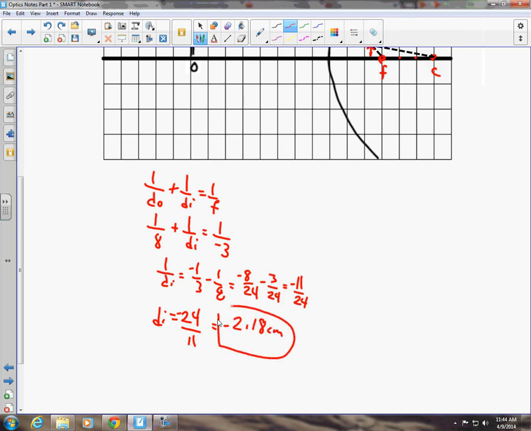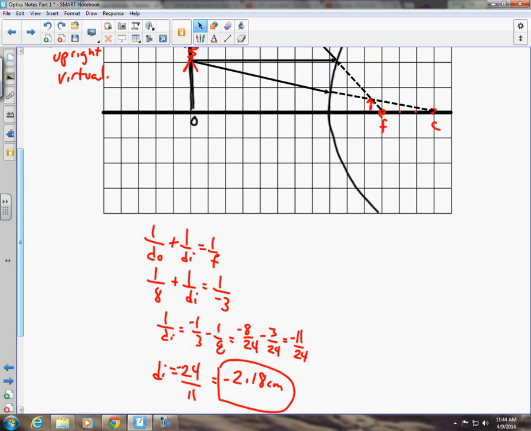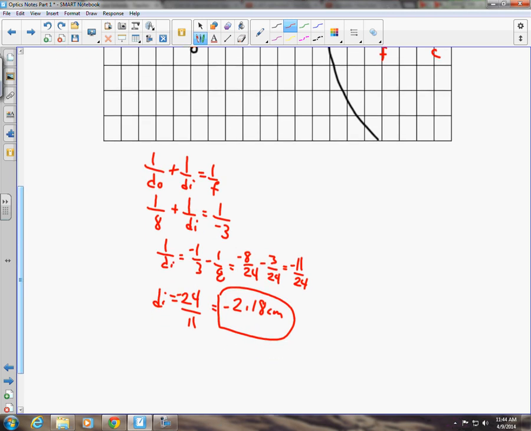centimeters. And if I look, we're always measuring from the mirror. So from the mirror, here's the mirror, it's 1, 2, a little bit more than 2 away. So -2.18 makes sense. And SI over SO equals DI over DO. SI is what I'm looking for.